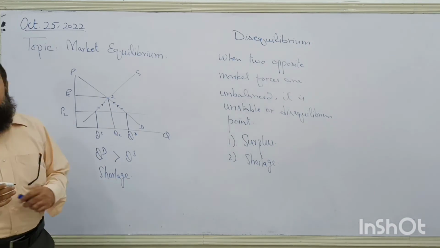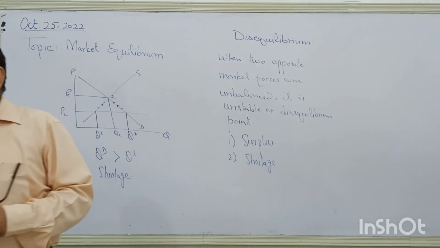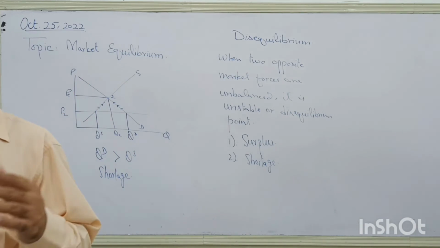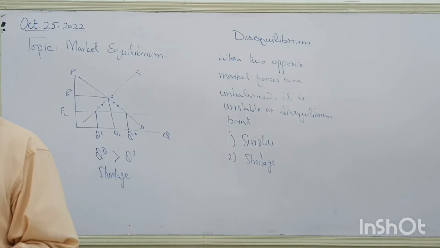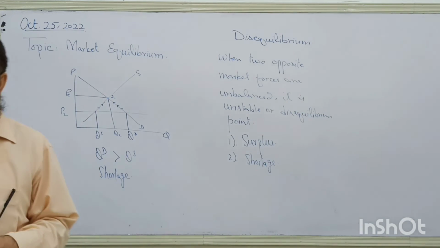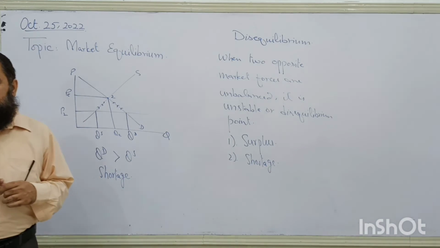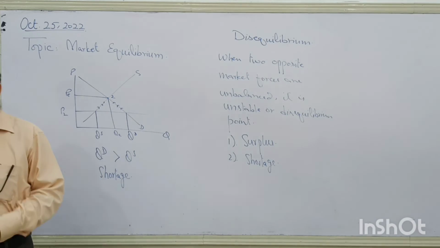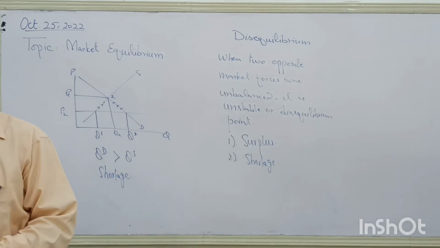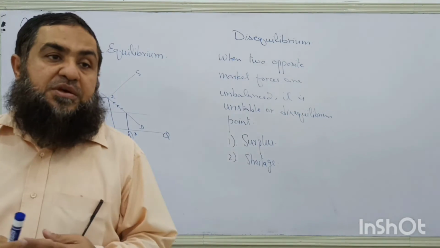So we checked one thing, whether this equilibrium point is stable or unstable. So we found two disequilibria. What are those? When the price is away from equilibrium, either it is above equilibrium or below equilibrium.